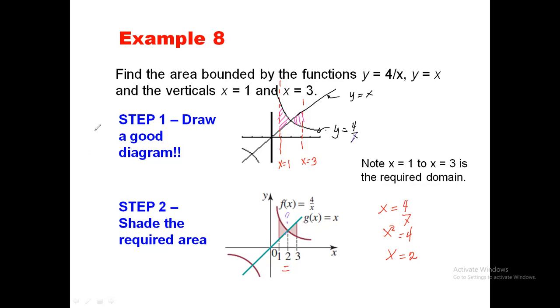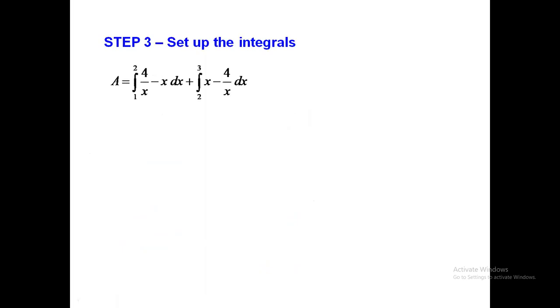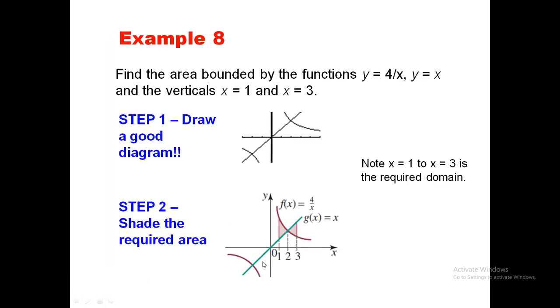Okay, so I'll clear my markings. We proceed to the next one. Let's set up the integrals. This is your integral now. I'll go back. In this part here, it's 4 over x minus x. In this part here, it's x minus 4 over x.